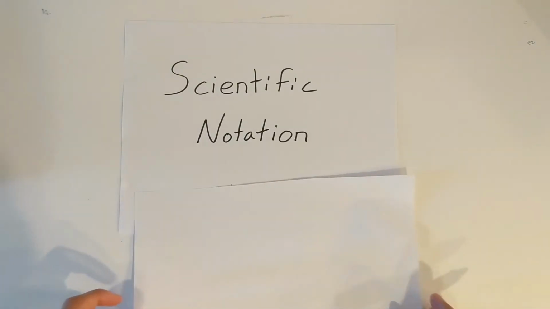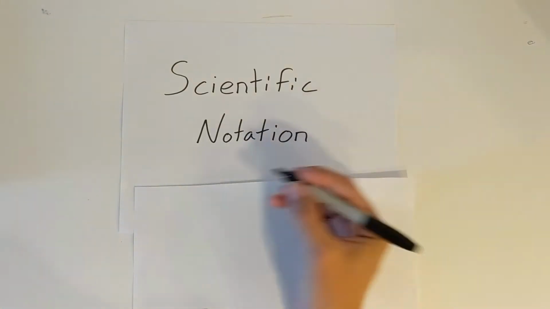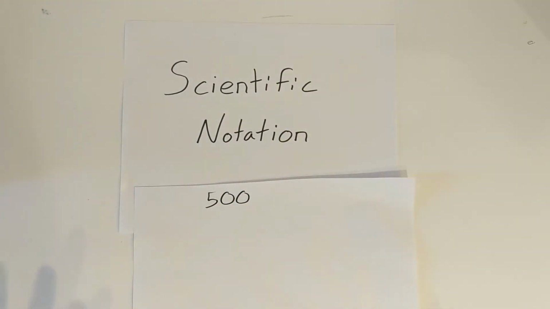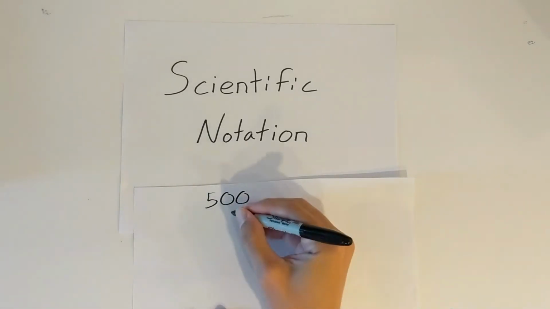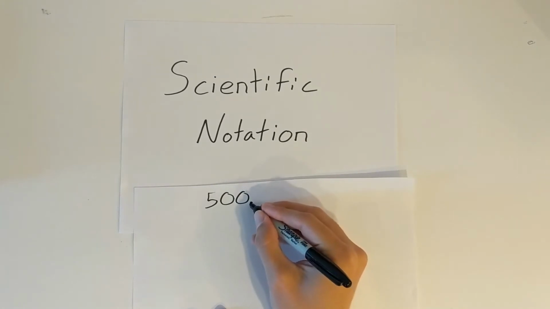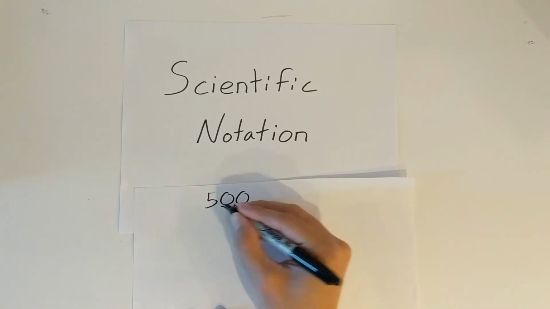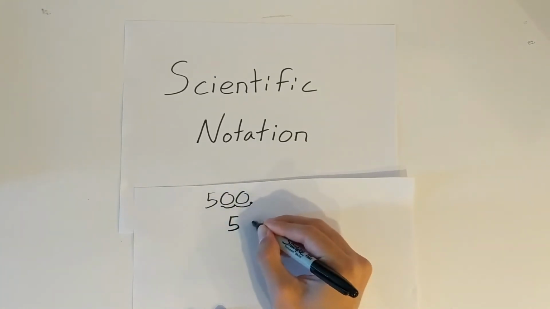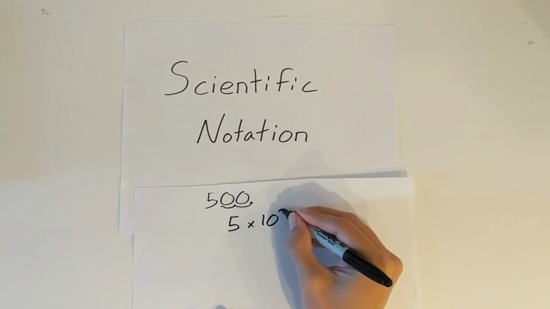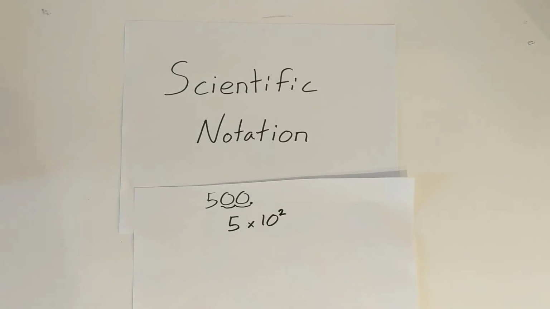So first, to review a little bit, let's say I had a number like 500, and I wanted to write that in scientific notation. The decimal spot would be right there. I would move the decimal spot over 2, and it would be 5 times 10 to the 2 because I moved it over 2 spots.